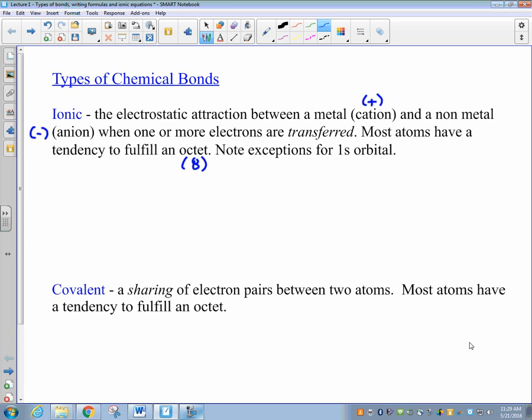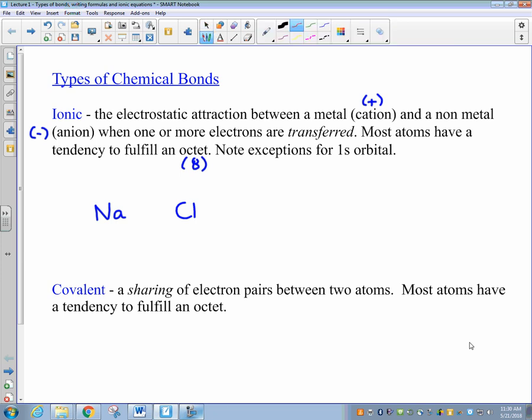So let's take a look at a particular pairing that would lead us to see the formation of an ionic bond. To begin here, we'll take a look at a metal atom, let's talk about an alkali metal here, like sodium, and a non-metal atom, like let's say chlorine. And to begin, let's go ahead and draw some electrons around here.